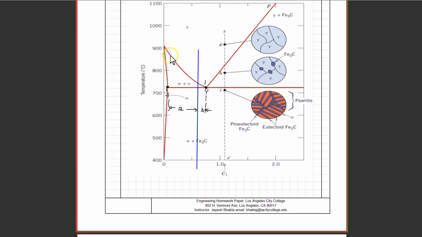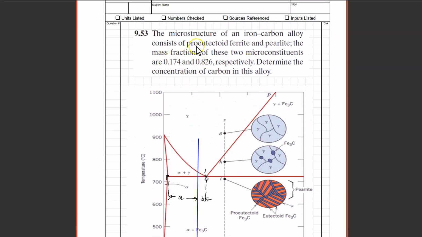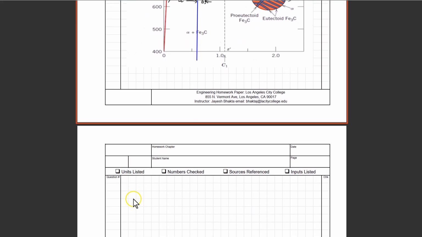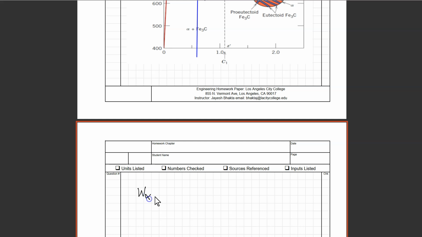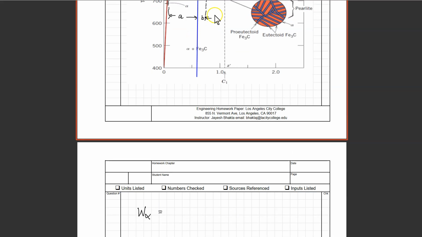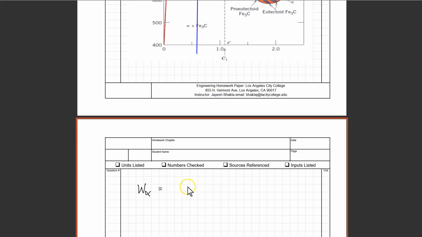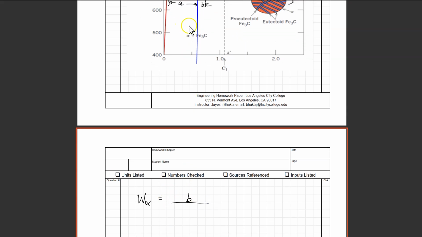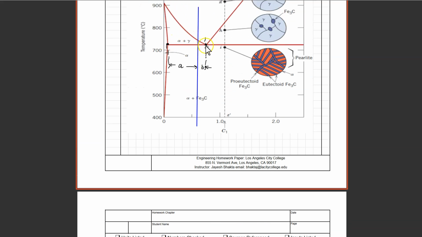So the mass fraction of pro-eutectoid ferrite, the alpha phase, is going to equal this distance B. Remember, it's always the opposite side: if we have a tie line and we want to find the mass fraction of alpha phase, then we use the length between the average composition and the other phase boundary, or in this case, the composition of the second phase we're interested in.